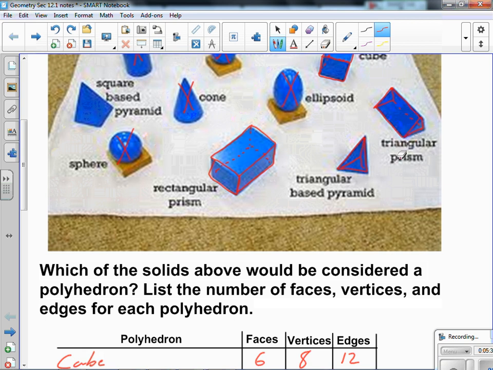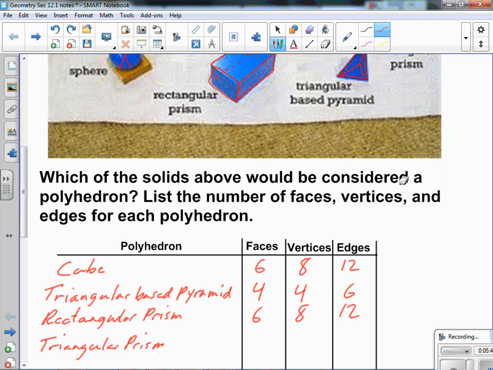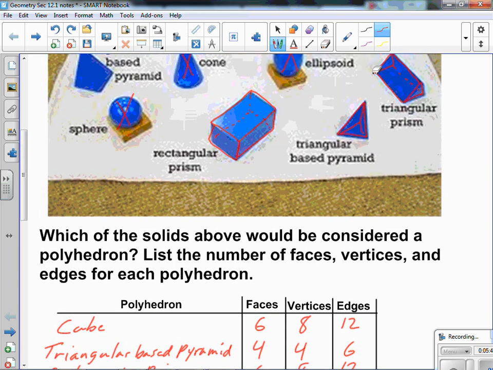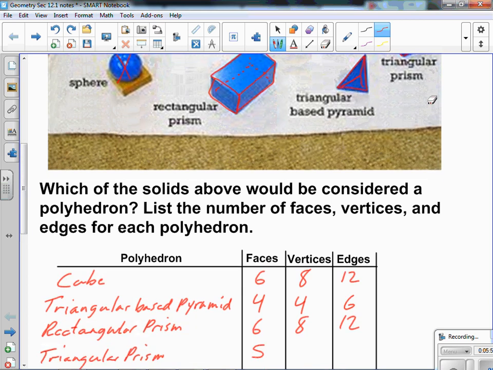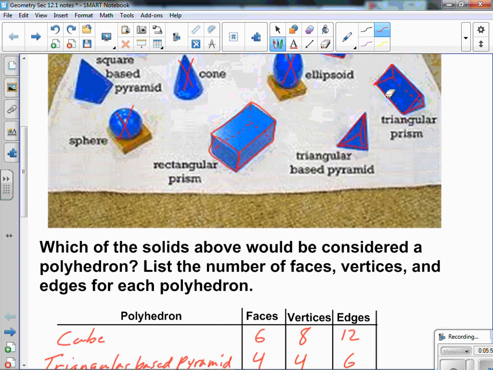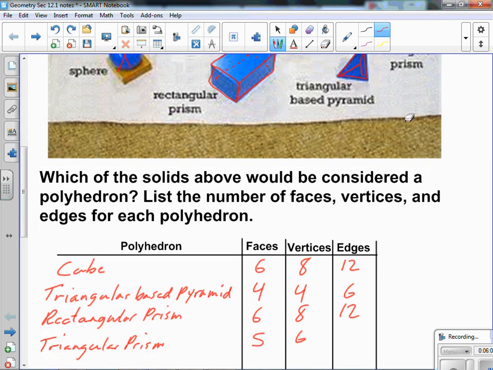So 2 and 3 give us 5 faces. For vertices, we got 1, 2, 3, and 1, 2, 3, so 6 vertices. And then edges, we got 1, 2, 3 edges, 1, 2, 3, 1, 2, 3. 3 on each triangle, and 3 going around the sides. So that'll be 9.